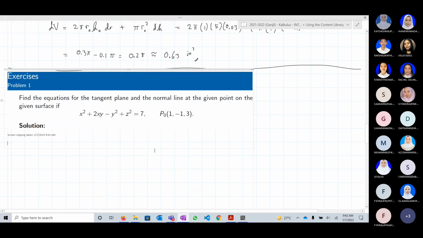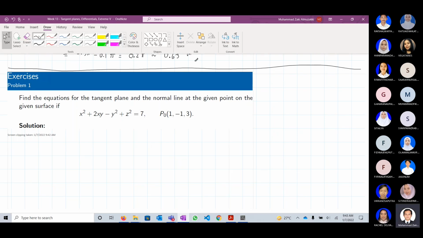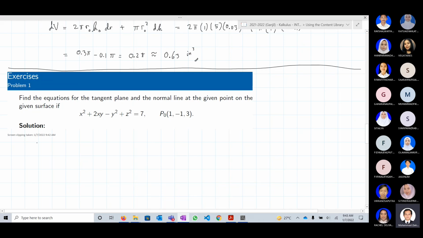Find the equations for the tangent plane and normal line at the given point on the given surface. In this case, the function f(x, y, z) is x squared plus 2xy minus y squared plus z squared.